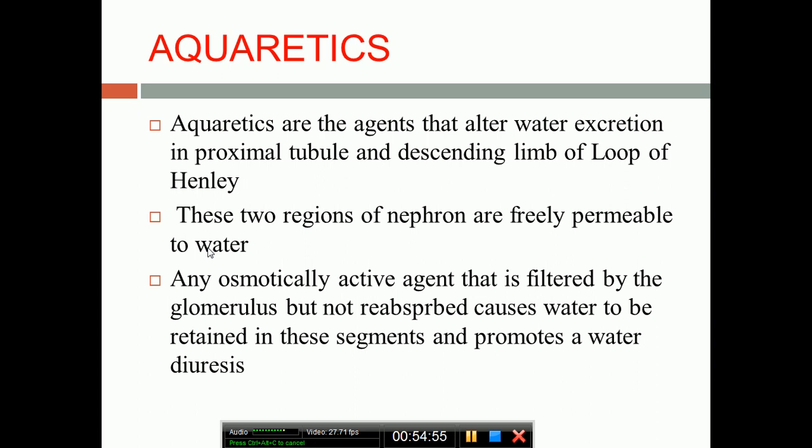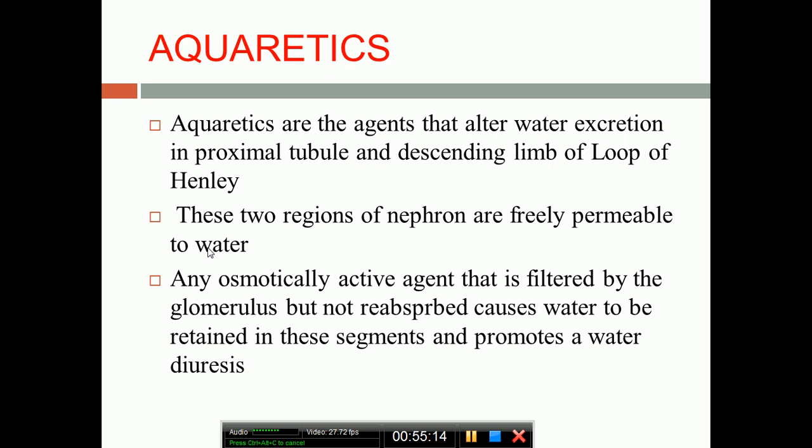They are important because their mechanism of action does not belong to ionic exchange. Rather, they simply act on water.